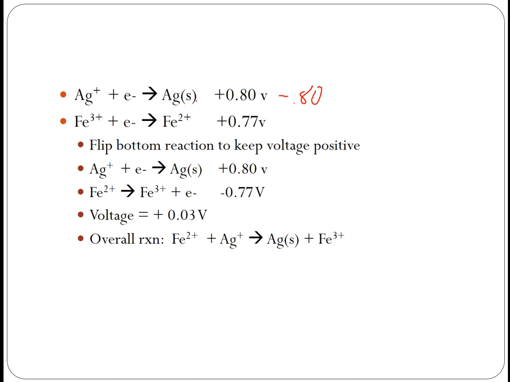So it cannot be the top reaction I flip, it has to be the bottom one. So therefore, the two half reactions actually look like this, and the overall reaction would look like this.